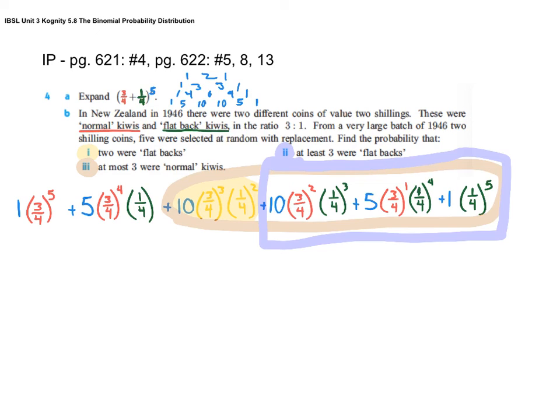Now, you guys can do the calculator work to do this. All I will say is on your calculator, either use decimals, like 0.75 to the 3rd and 0.25 to the 2nd, or make sure that you put the fractions in parentheses. If you don't, it's going to mess everything up.